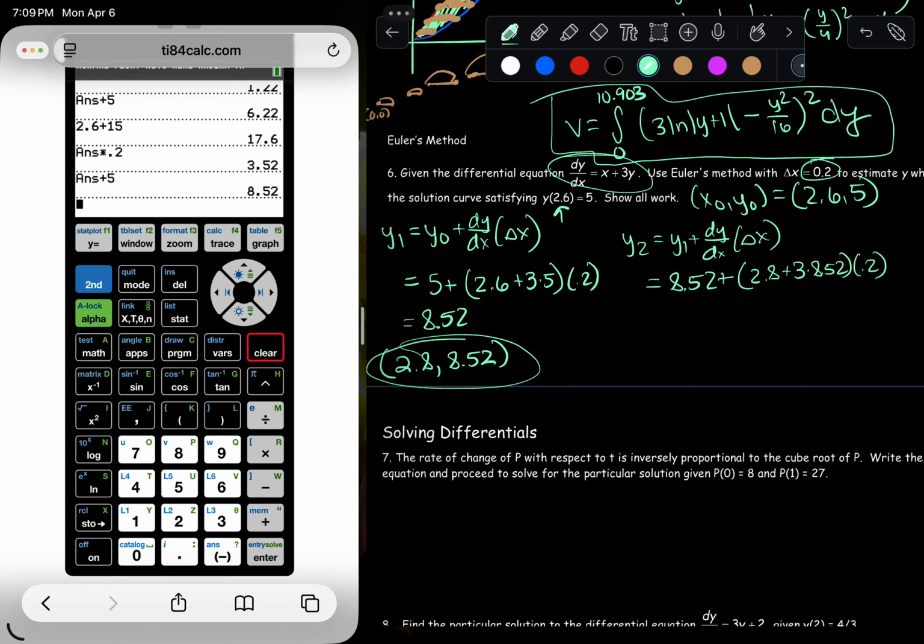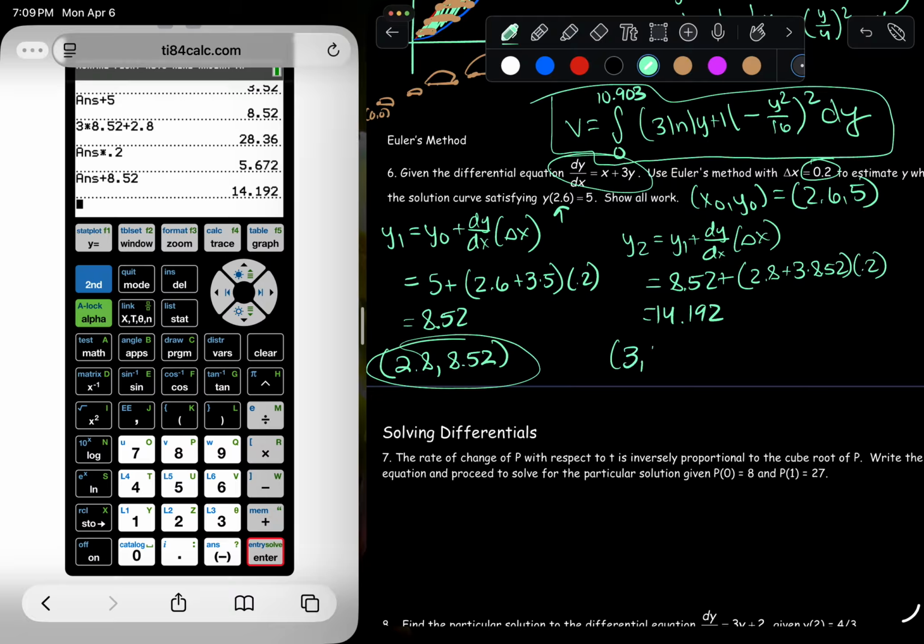Let's start with the multiplication. So I have 3 times 8.52, then I have plus 2.8, and then times 0.2 plus 8.52. So we get 14.192. And this is going to be 2.8 plus the delta x, which is 0.2.